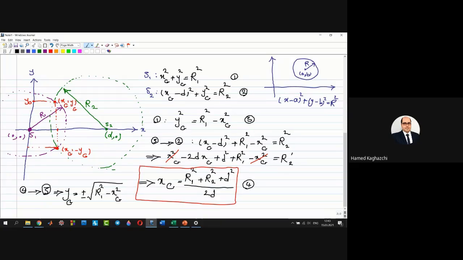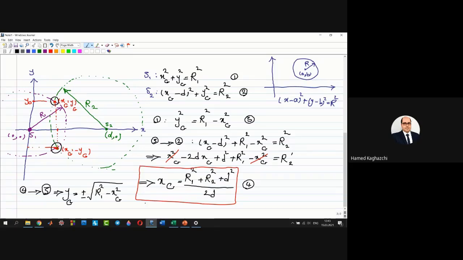Substituting the xg here, you can find two values for yg. It means that you will find this location and also this location.